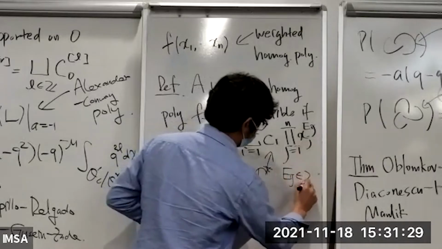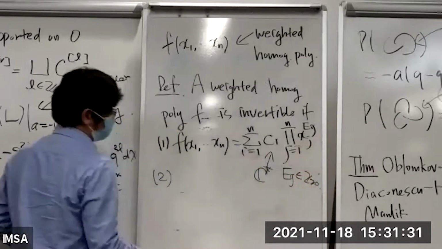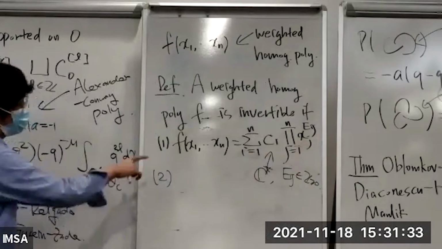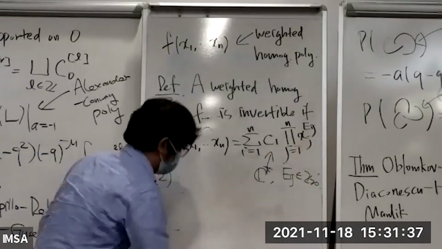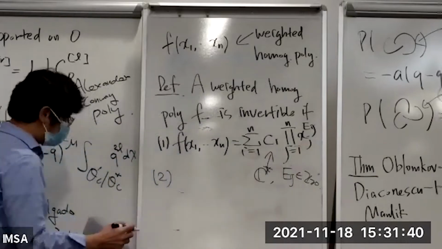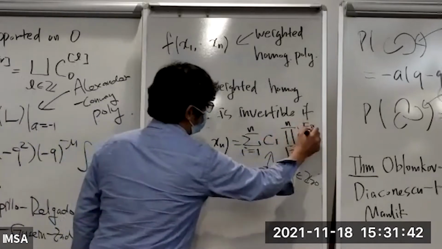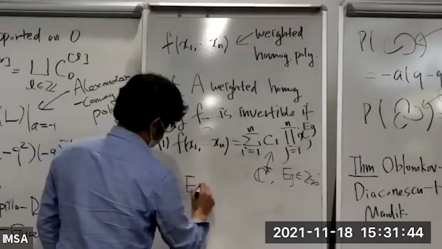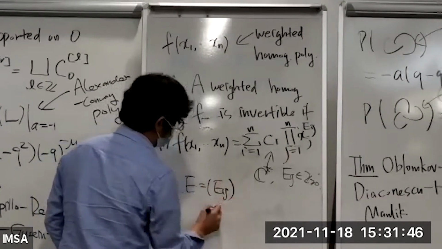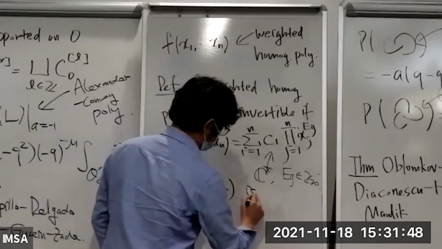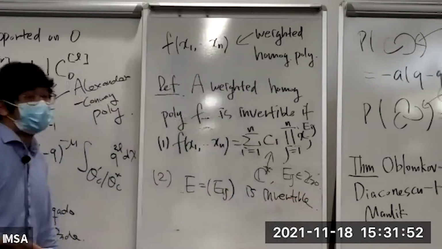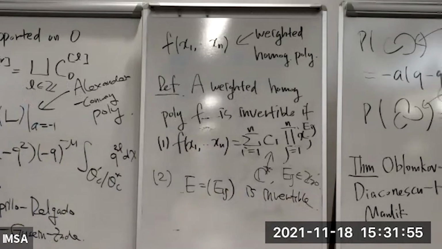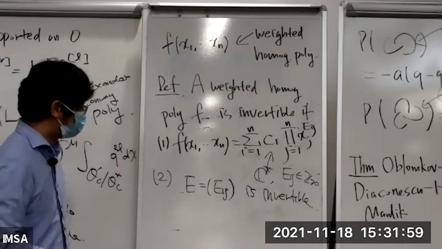In any case, I can express F as a summation of n monomials. And the second condition is that the matrix E, whose entries are e_ij, is invertible. If this is the case, then I will call this weighted homogeneous polynomial an invertible polynomial.